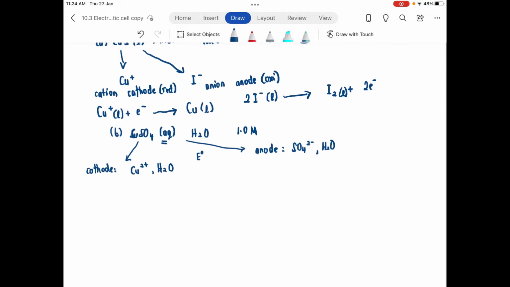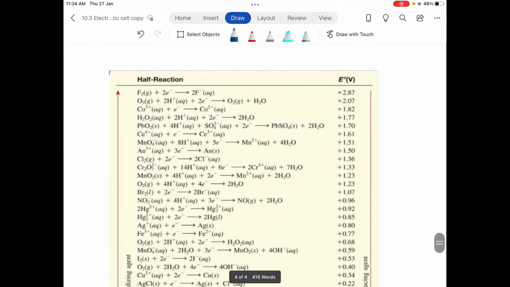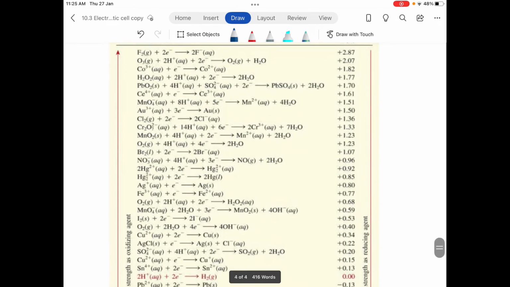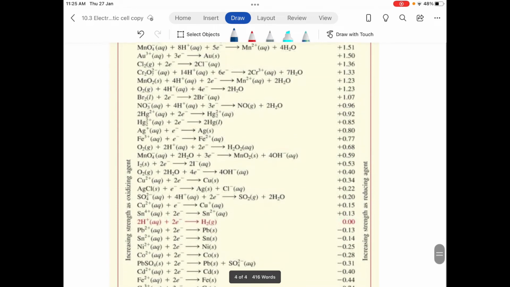Okay, dia akan bergantung kepada nilai E0. Okay, so for copper and H2O, okay, kita cuba cari dia punya nilai E0 dalam standard reduction potential table. Okay, kita cari kat sini. Okay, ni table kita. Okay, kita cari copper. Okay, ni copper dah ada.